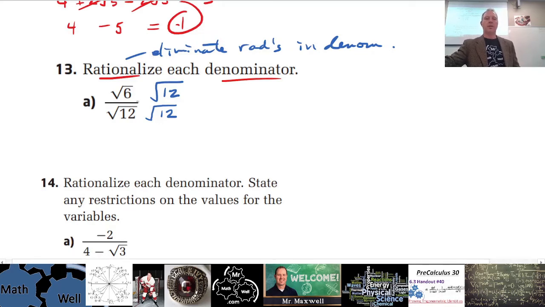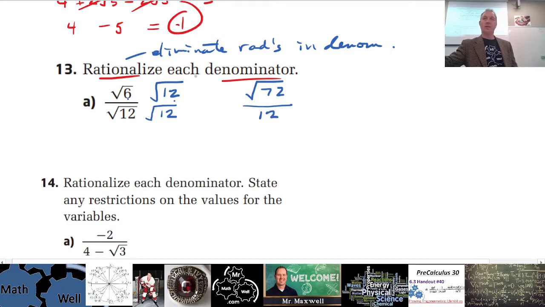Although you could, and I might do a quick example of that afterwards. So this becomes the square root of 6 times 12, which is 72. And this becomes the square root of 12 times 12, which is just 12. Now, we should simplify this as well.